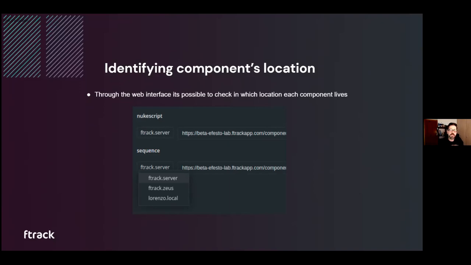But once you have more locations where the component is published, you will be able to select which one to represent. Bear in mind, the ftrack server will first represent the location that has higher priority for you. So if you are, for example, in a user location, your local file path will come up. If you are at the studio, the central location will show up.